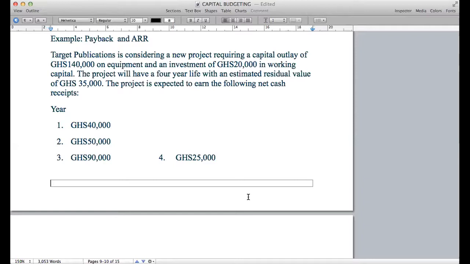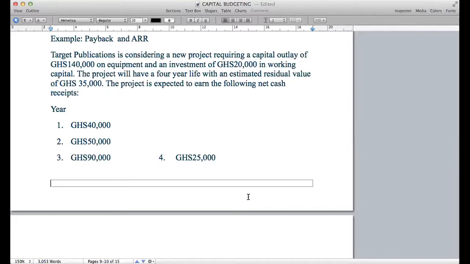So I'll copy the question onto the board at the extreme section here. Initial outlay 140,000, working capital 20,000, scrap value. Did I have a scrap value? Scrap value is 35,000.